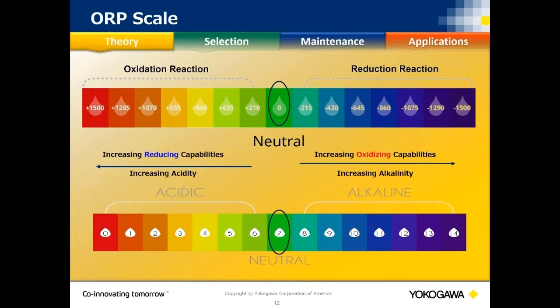So we have a lot of things in the process that are able to oxidize. And I think I just said it backwards on the other side. So let me repeat this. If we're going positive, this means we have a lot of capability where oxidation reactions are occurring. Something is giving up electrons all the time. So we've got a high millivolt positive value. So as that value increases, we are increasing our reducing capabilities. So we're giving up a lot of electrons to reduce something else.